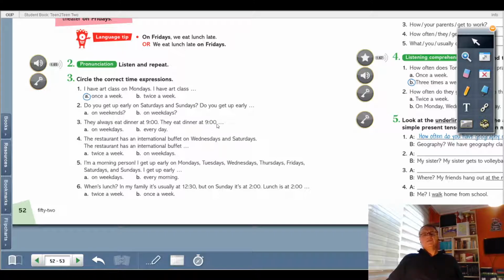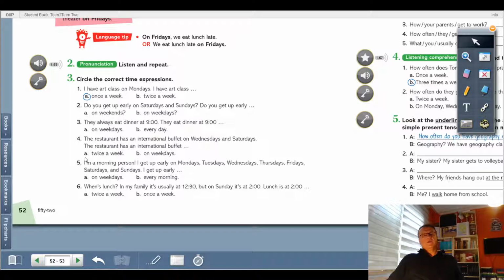They eat dinner at 9 on weekdays, every day. Which one do you think? On weekdays, what does it mean? For example, Monday, Tuesday, Wednesday, Thursday, Friday. Weekdays. Weekends, you know, Saturdays and Sundays. So, think about this. Weekdays or every day?